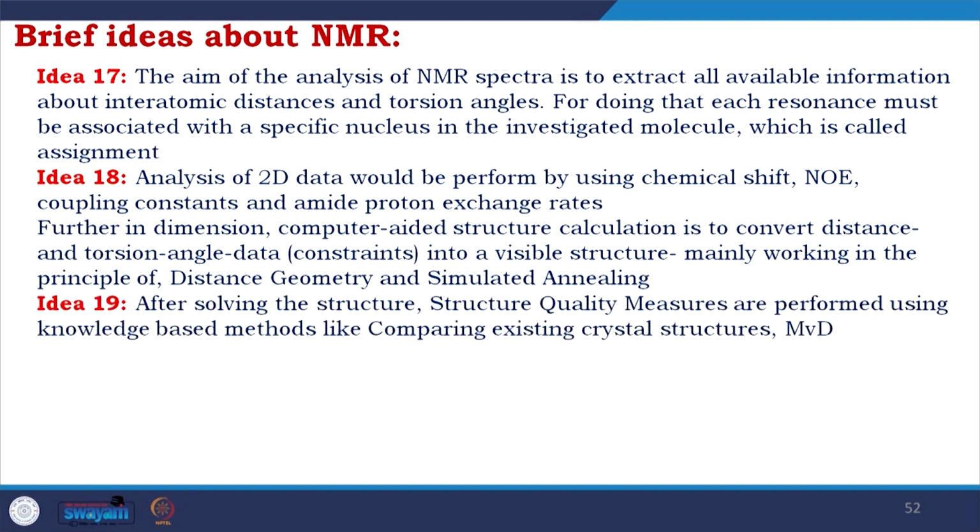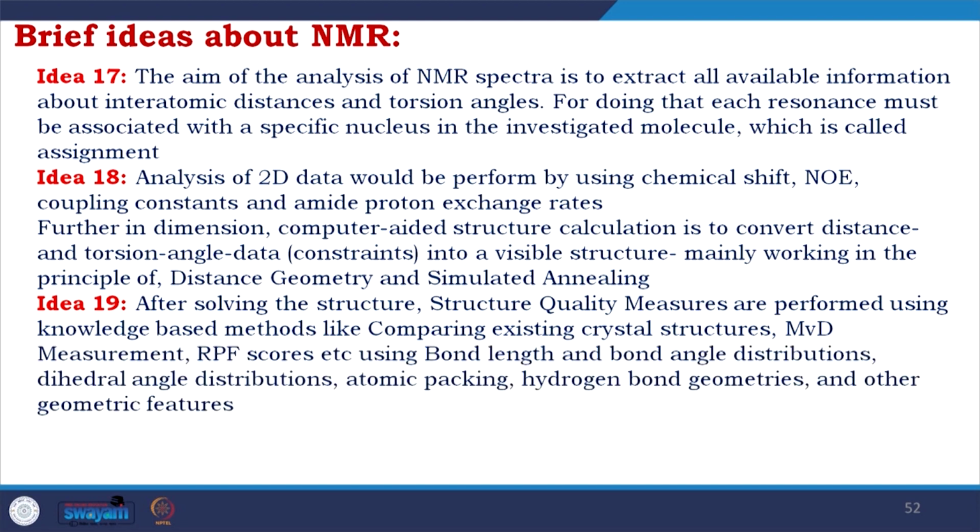Idea 19: after solving the structure, quality measures are performed using knowledge based methods, like comparing with existing crystal structures, RMSD measurement, RPF score, etc., using bond length and bond angle distribution, dihedral angle distribution, atomic packing, hydrogen bond geometries, and other geometric features.